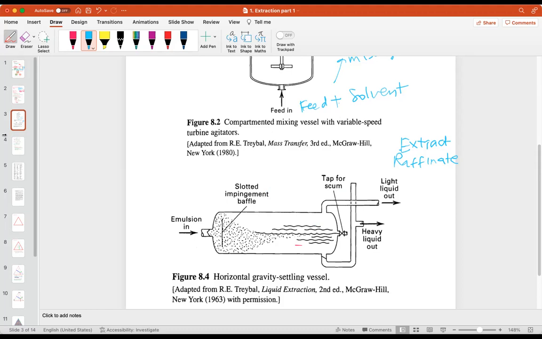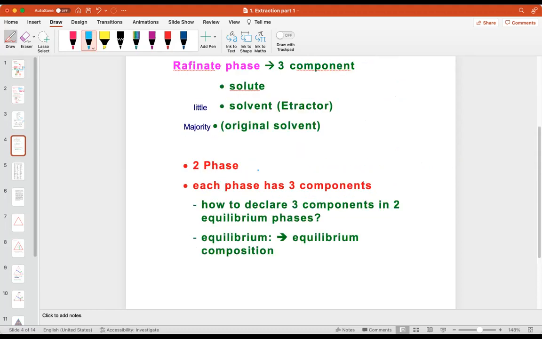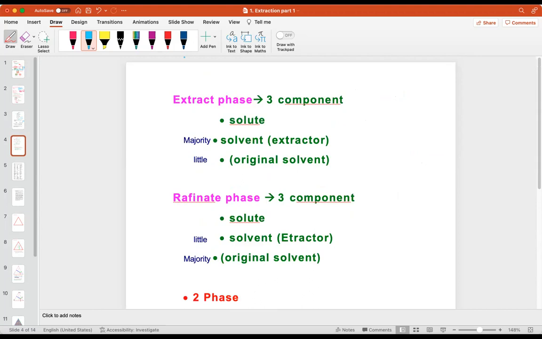Okay, so now we can go back to here. The product now: we have the extract phase, and we also have the raffinate phase. The extract is the one that is higher in the solute.